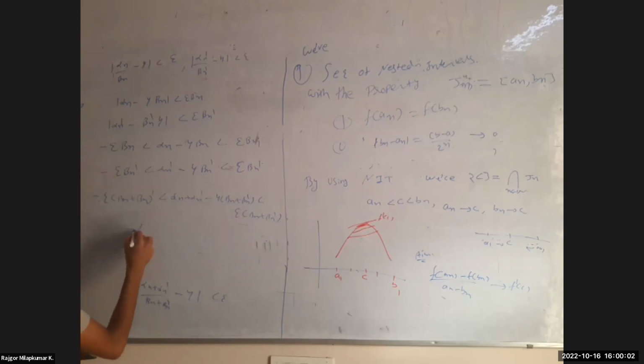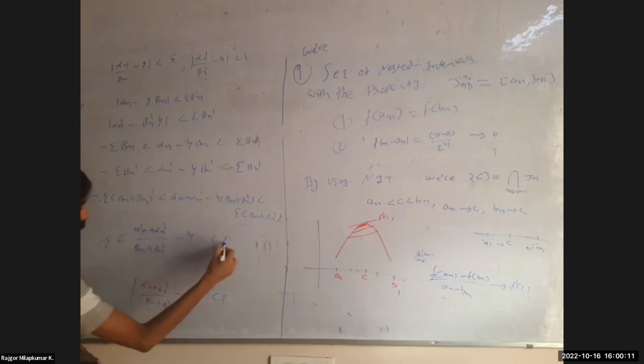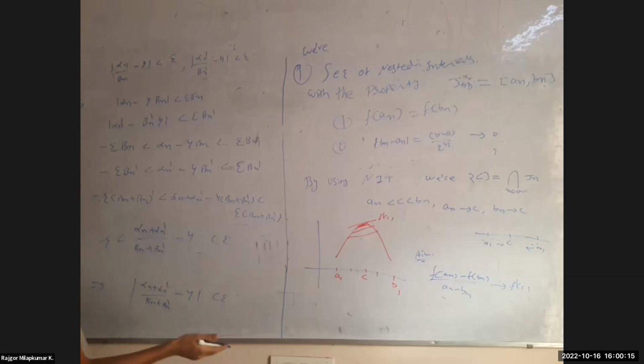So if I take back, then from this will come for all n greater than or equal to the maximum of this. Hence, I have proved that this sequence converges to the same gamma. So, is the proof clear?